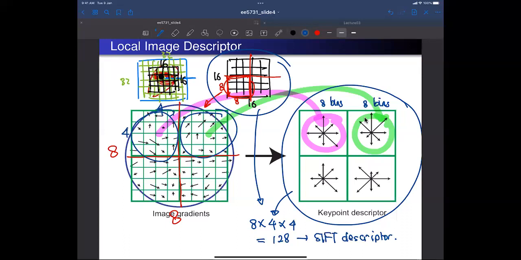So when we talk about SIFT descriptors, it's taken from a 16 by 16 patch surrounding your key points. And it is the representation of your normalized oriented patch, because you already rotate the patch into the canonical standard orientation.